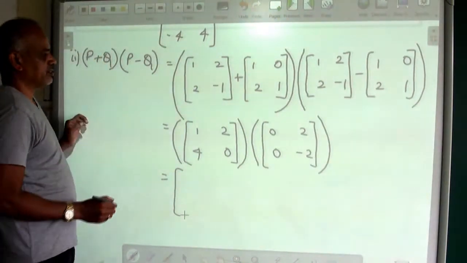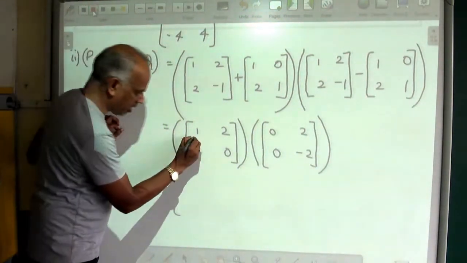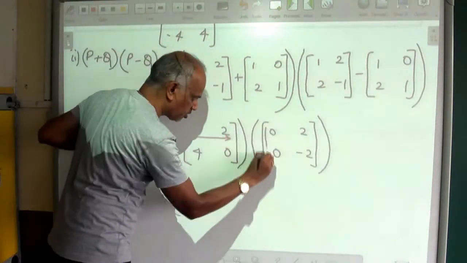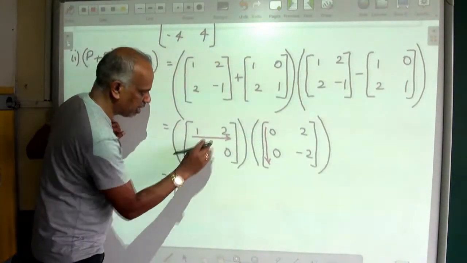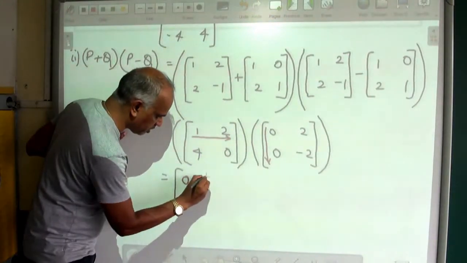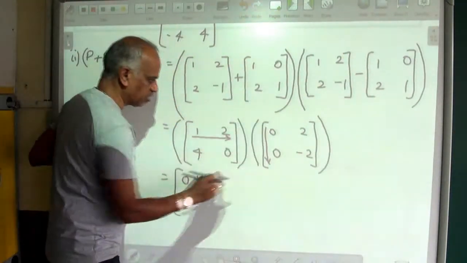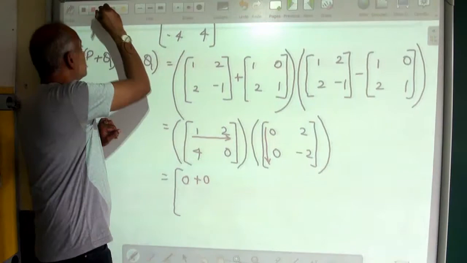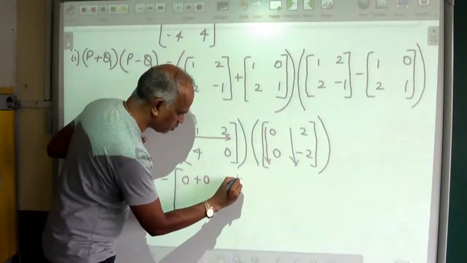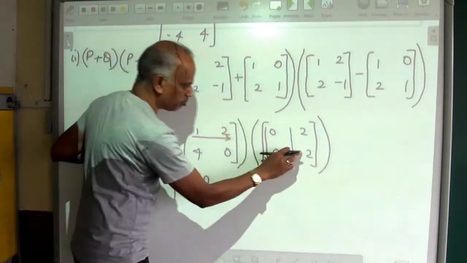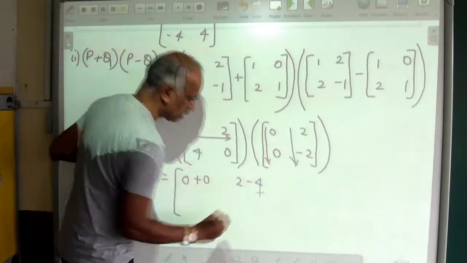Now the sign in between is multiplication, therefore multiply the two matrices. So we'll go by rows and columns. First row with first column, that is 1 into 0, which is 0, plus 2 into 0, which is also 0. Next, first row with second column. So 1 into 2 is 2, plus 2 into minus 2 is minus 4.